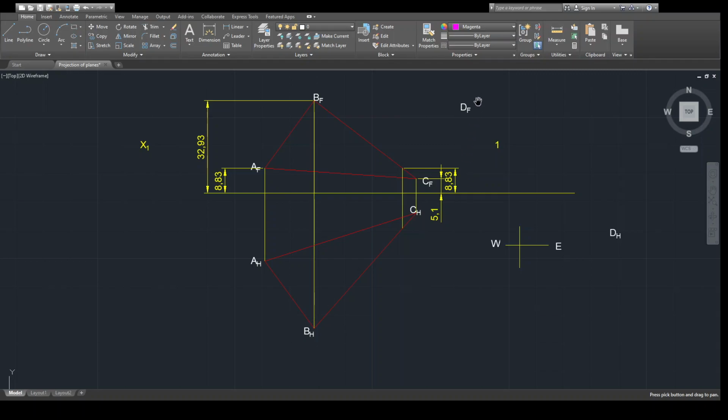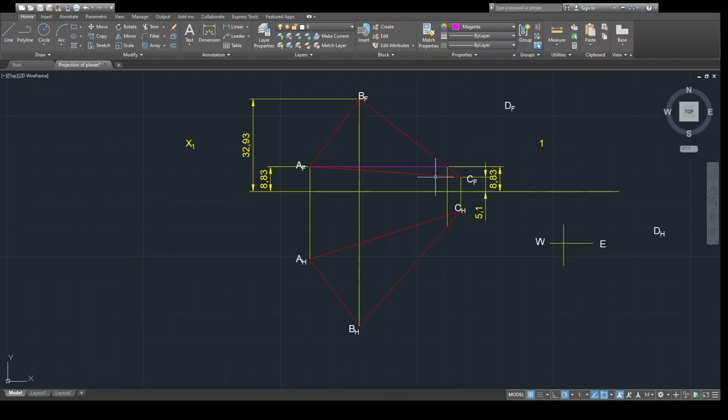the longest horizontal line in the front view. If you draw a horizontal line here, it is not the longest horizontal line. So suppose I draw the line from point AF up to the edge BFCF, so this becomes the longest horizontal line.